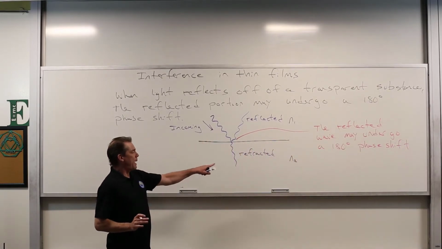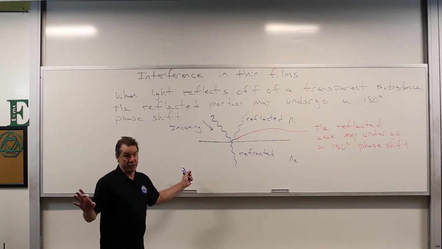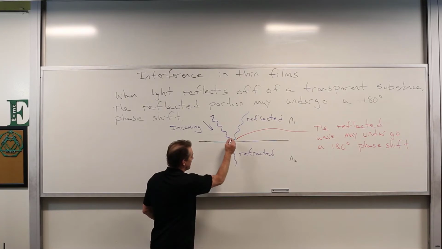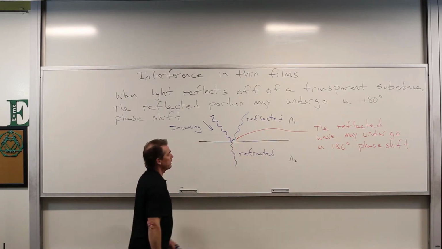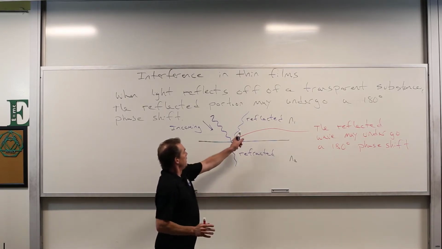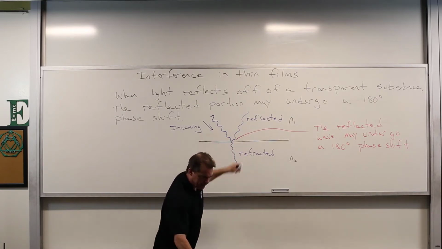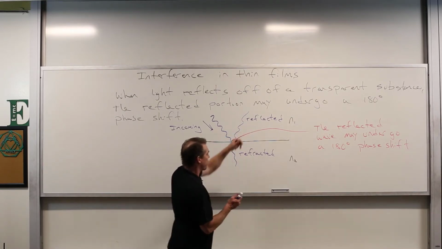The refracted path does not undergo any change in phase. So whatever it was oscillating at, whatever orientation it is here, it's just preserved and continues oscillating. Some other things going on here, we'll look at that momentarily. Let's just concentrate on the reflected path.